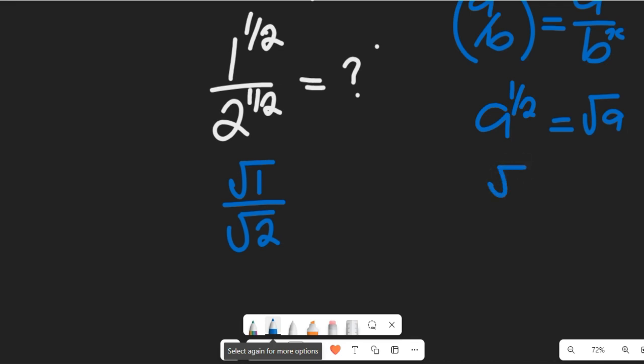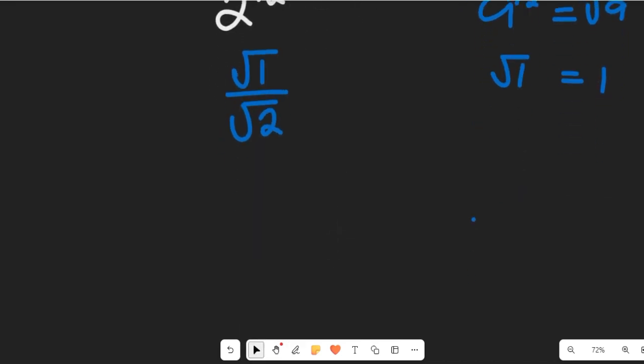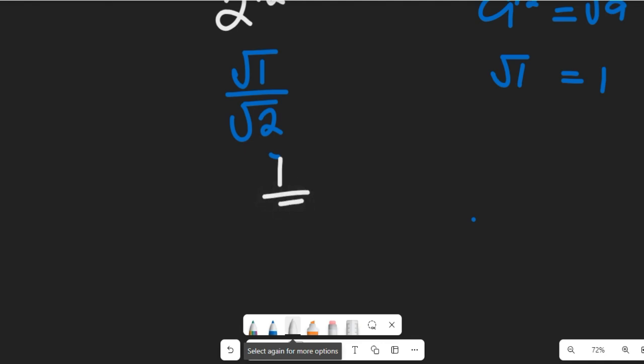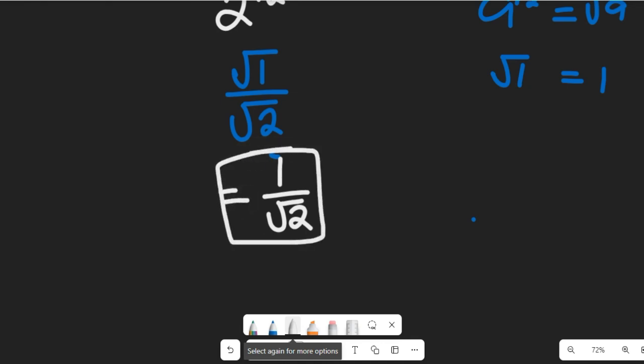Remember, the square root of 1 can simply be equal to 1. So our result will be 1 divided by the square root of 2. And this will be the solution to that simplification expression given to us up there.